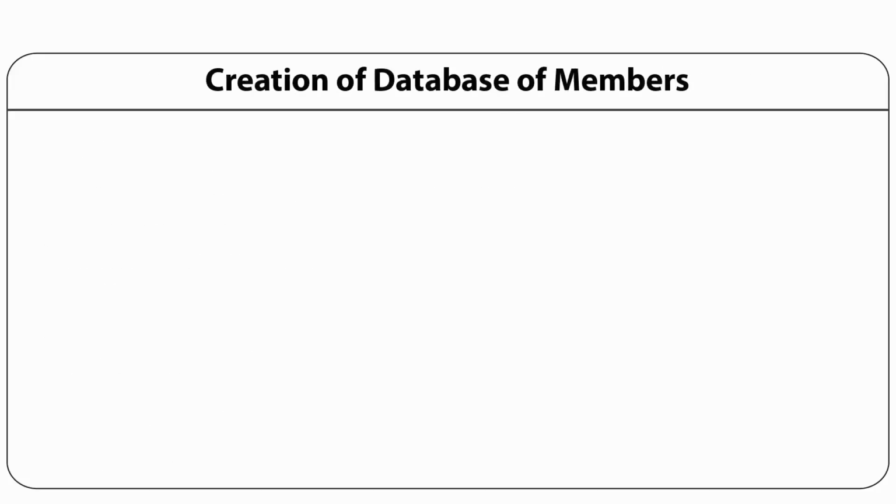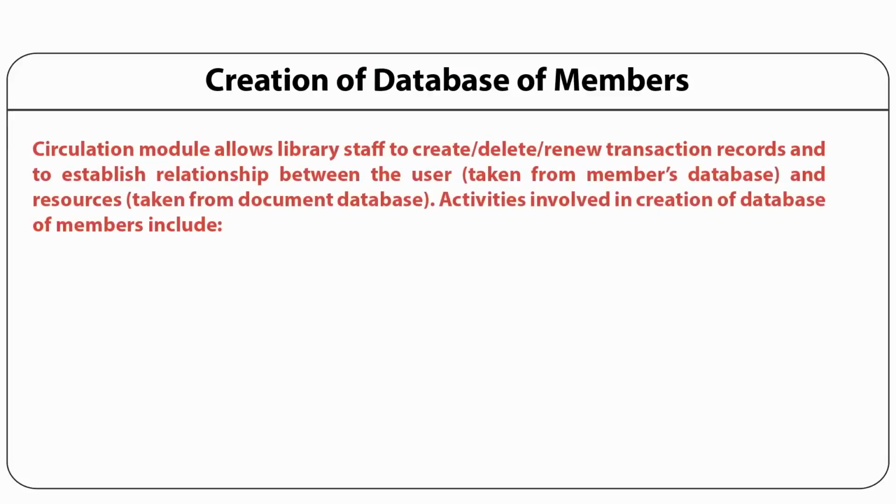Creation of database of members. The circulation module allows the library staff to create, delete or renew transaction records and to establish a relationship between the user, which is taken from the members database, and resources which are taken from the document database.